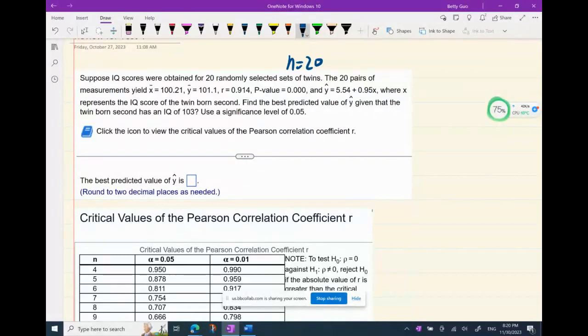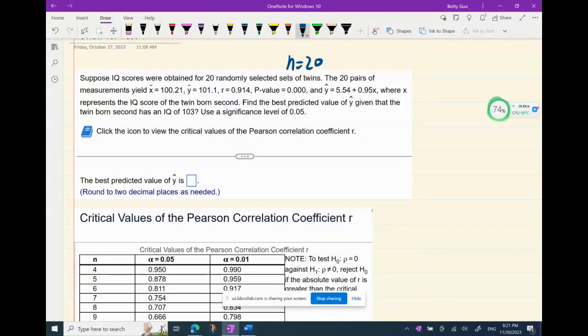Oh, so basically, my understanding is X is the IQ score of the second baby in the twin. Then Y, find the best prediction given that the twin born second has an IQ. Then Y would be the firstborn, right? Did it say anything like that?